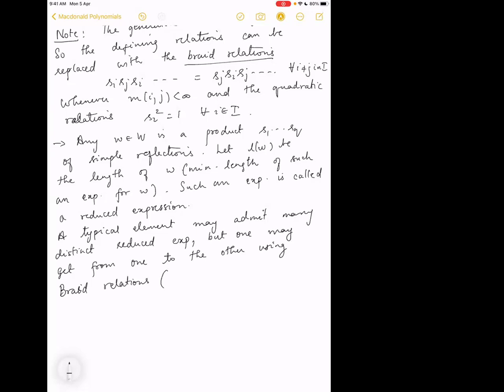A reference for this is Bourbaki, chapter 1, I guess.